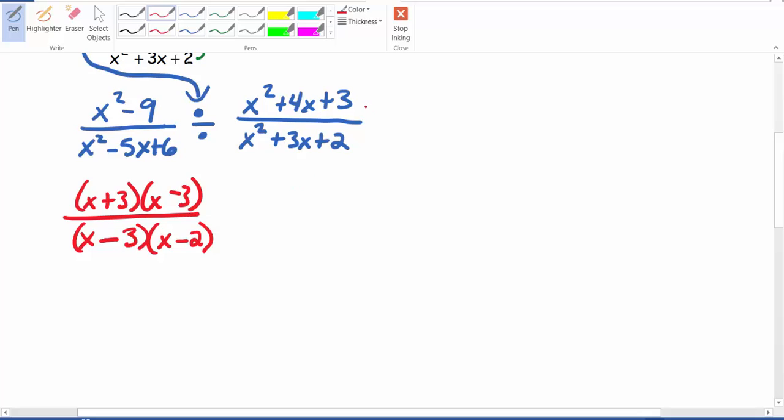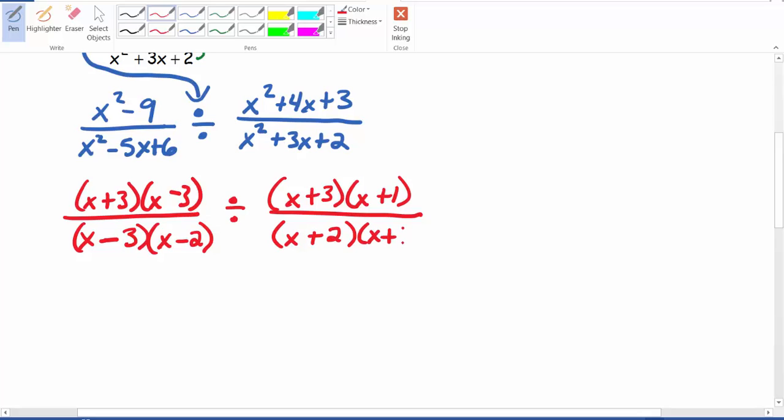Going ahead and factoring this item, we end up with x plus 3 times x plus 1. And factoring the bottom right, we end up with x plus 2 times x plus 1.